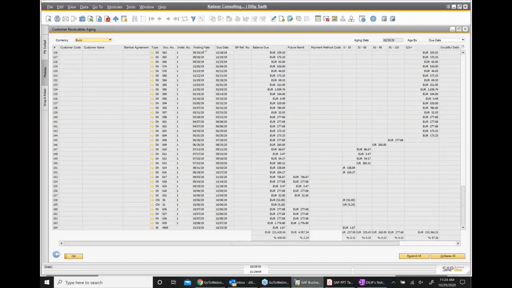You can also do different postings for this customer. These are balances due. Now, these are also there in the different buckets, 1 to 30 days, 31 to 60 days, 60 to 90 days, 90 to 120 days, and 120 days. So obviously the older one is overdue.